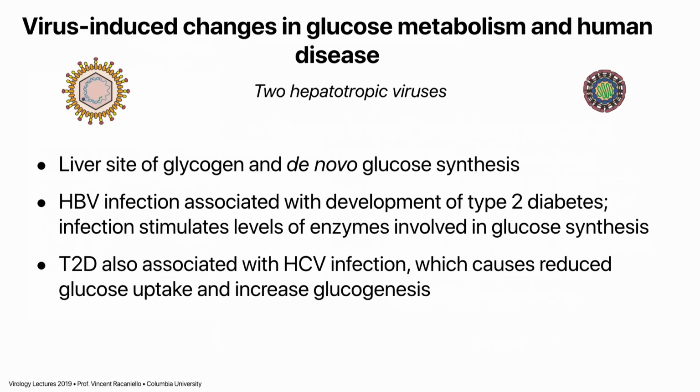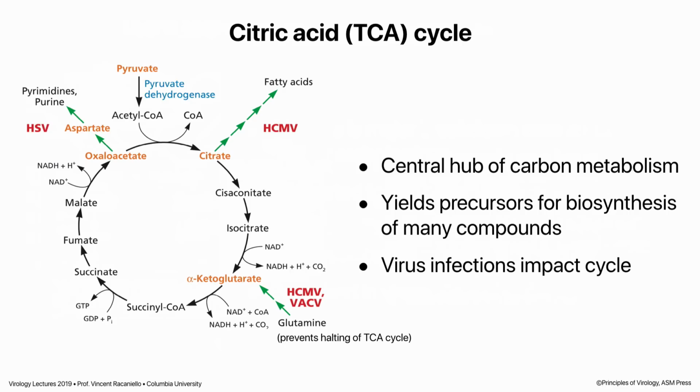Hepatitis B stimulates the levels of the enzymes involved in glucose synthesis. It needs that for its own metabolism, but the consequence is that the patient has too much glucose, it's insulin resistant, type 2 diabetes. Same thing with Hep C, which causes reduced uptake of glucose. That causes the liver to start making more glucose. The virus uses that, but the consequence is type 2 diabetes. So these viruses interfering with metabolic pathways to benefit virus replication have other consequences on the host as well.